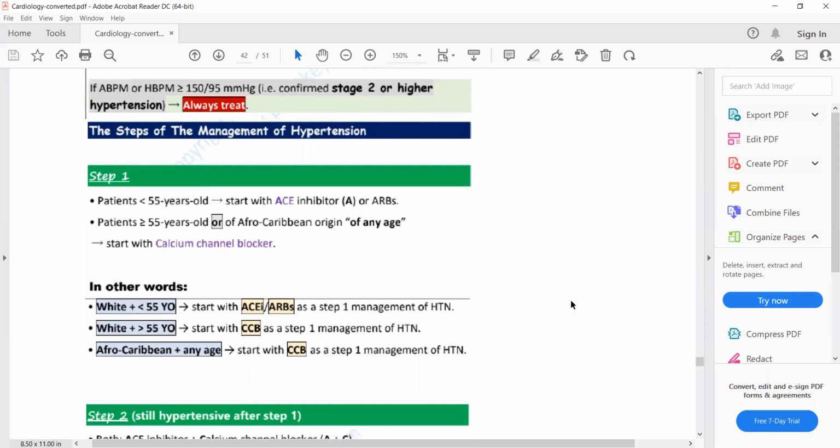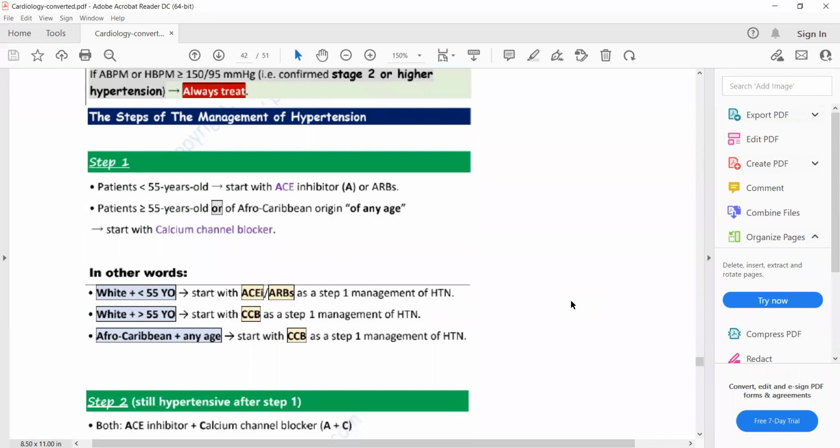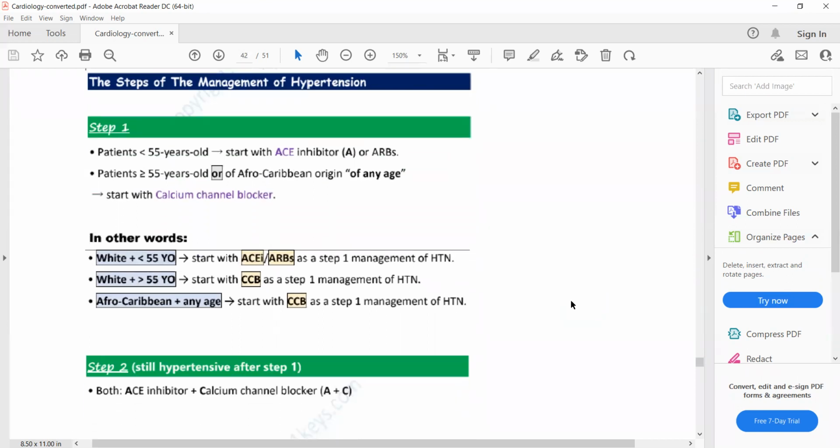Now, what is the stepwise management of hypertension? Remember that patients who are old or above 55 years of age, their arteries are hard.